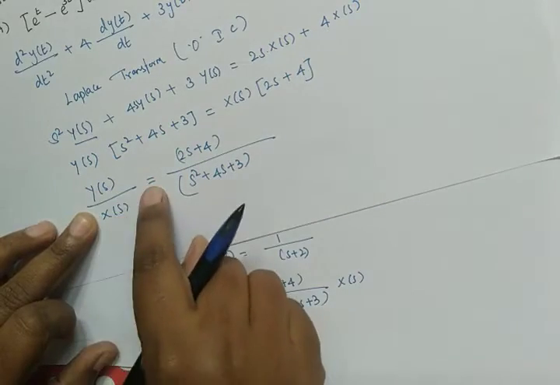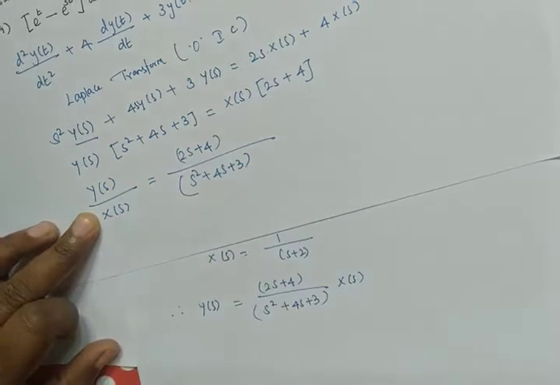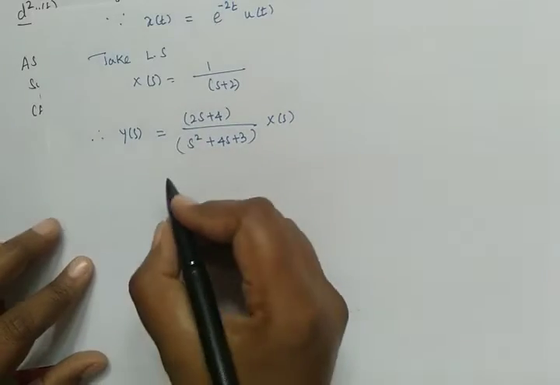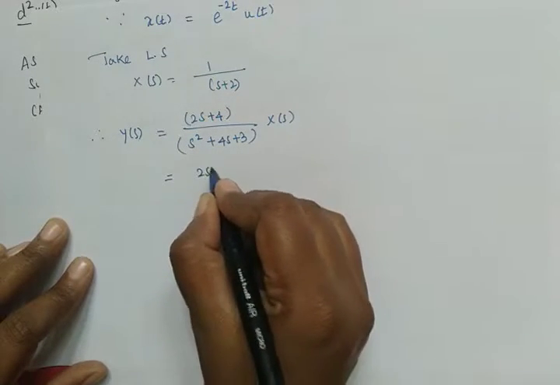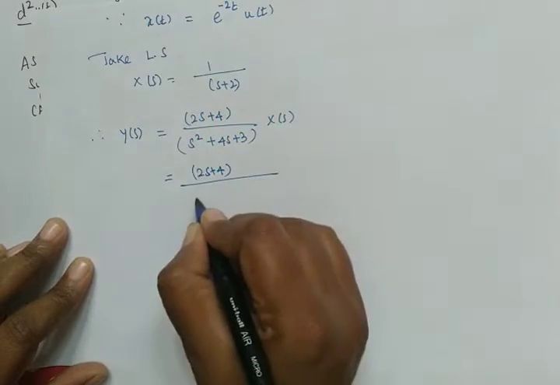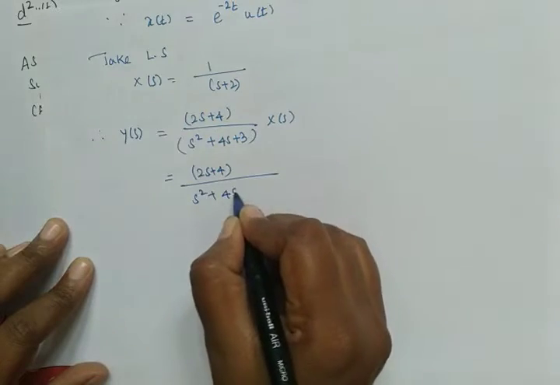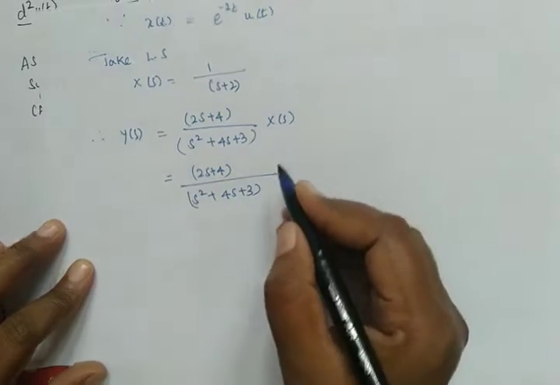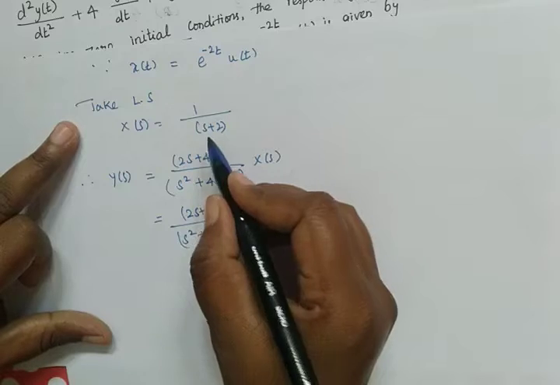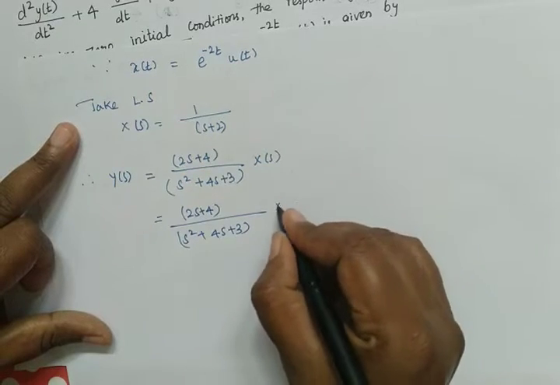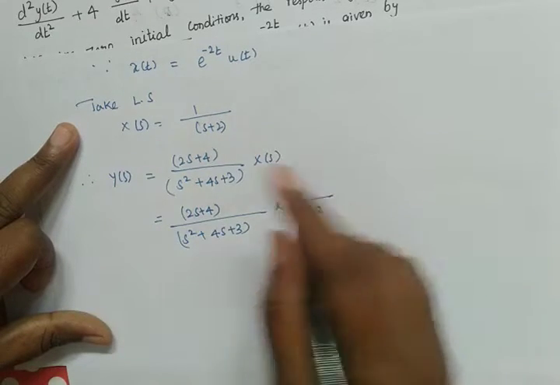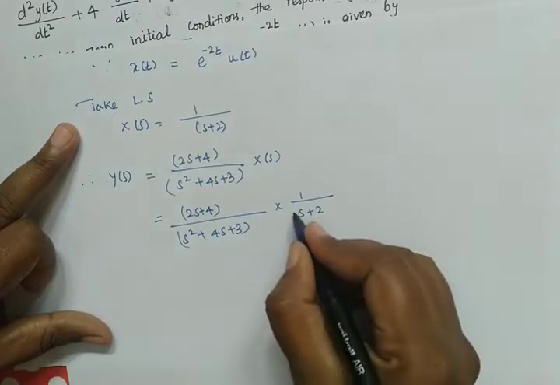Now we can write y of s is equal to, take this x of s into multiplication, which is equal to 2s plus 4 by s square plus 4s plus 3 into x of s, and here we have x of s is equal to 1 by s plus 2.